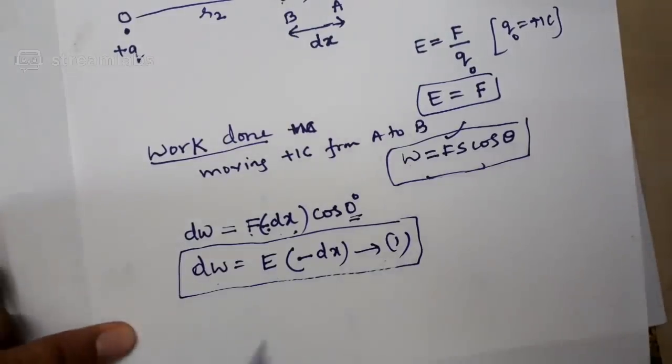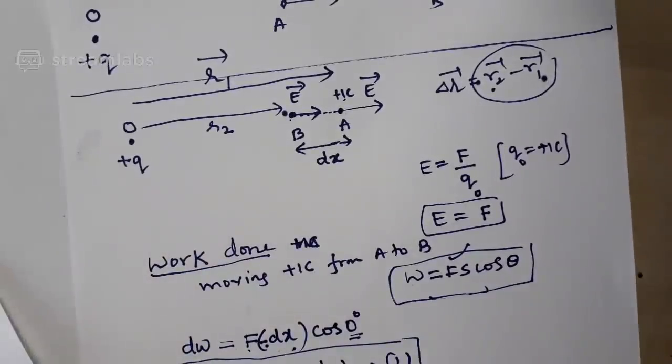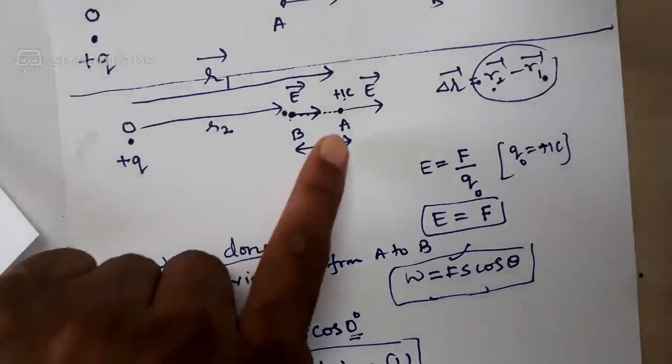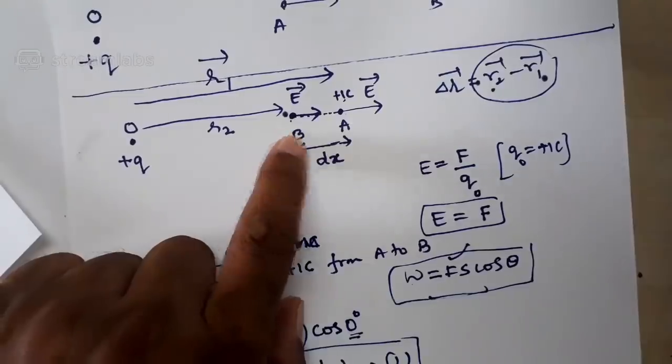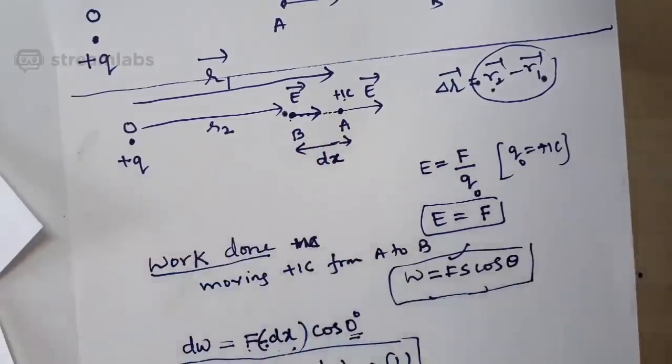Fine. Now, when you are moving a plus 1 coulomb charge from A to B against the electric field of a plus q charge, maybe the electric field at A, at B, or anywhere between A and B is obviously a uniform electric field.